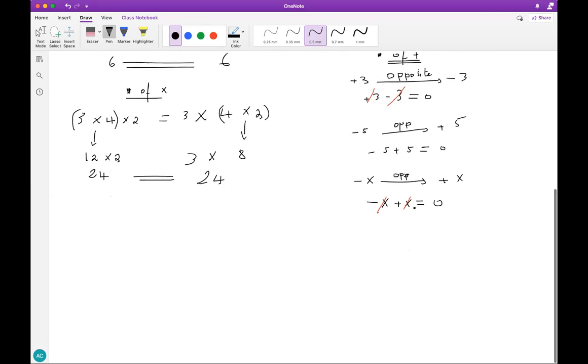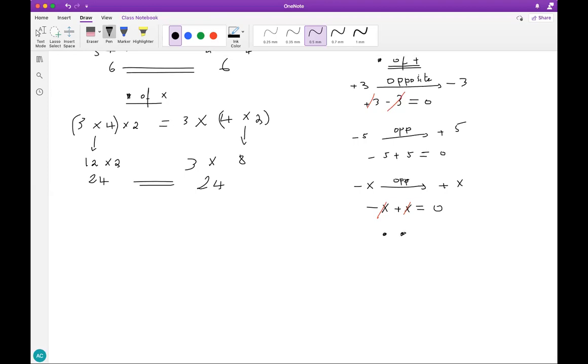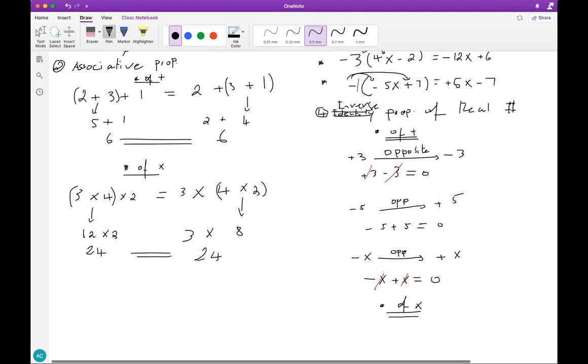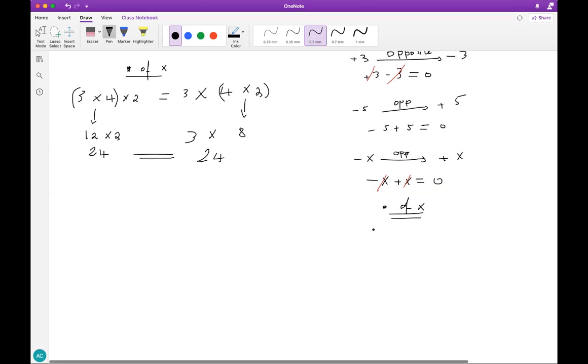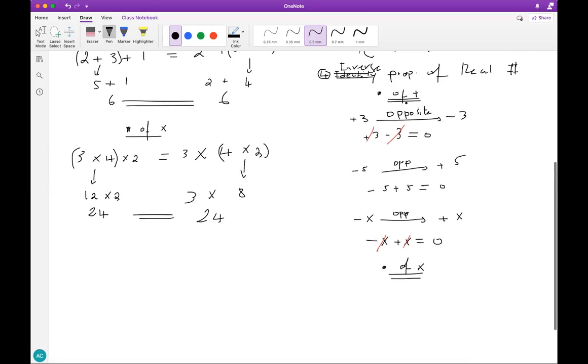Now let's see the one of multiplication. Same thing. Inverse property of multiplication. It's a little different from the addition part.